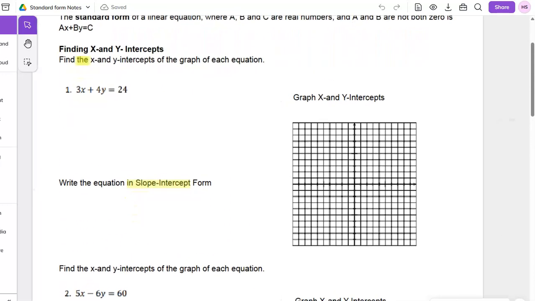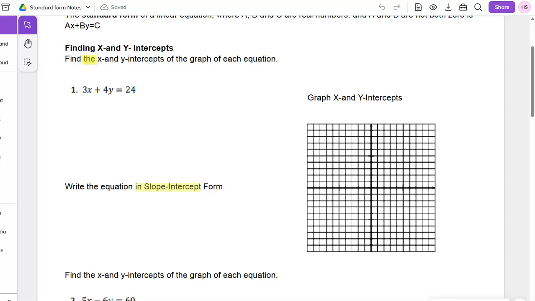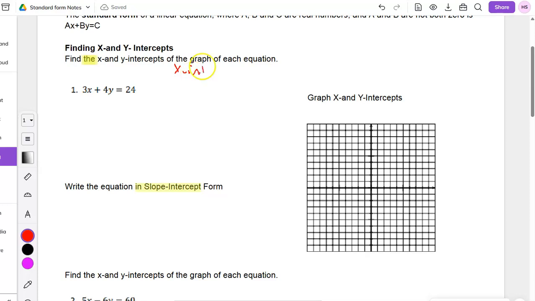Okay, I have 3x plus 4y equals 24. To find the x-intercept, the x-intercept is my x value when y equals 0. So I'm going to plug in y equals 0.